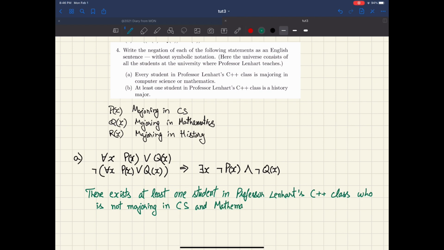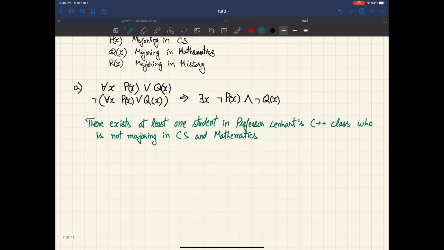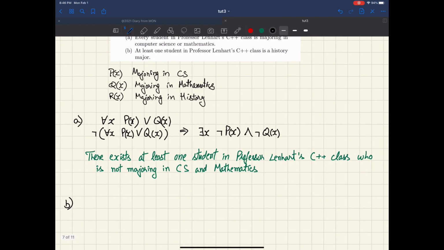Moving on to the second part, which was at least one student in Professor Lenhart's C++ class is a history major. Now, they are not talking about every student, it's at least one, which means it is an existential quantifier. So it would be for some x, R of x.